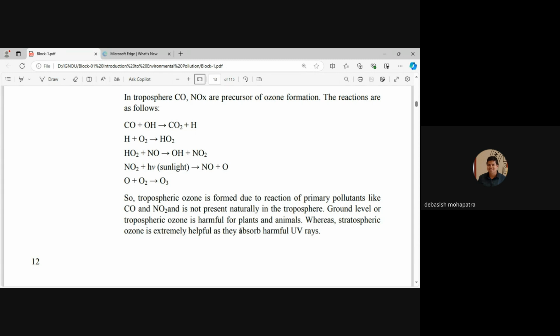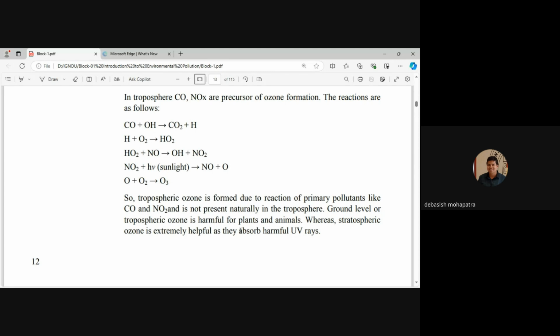But when it is in higher layers, it is good for us, because there it saves us from the harmful rays. But in the lower atmosphere, it causes difficulty in breathing and other problems. So it is bad for us.